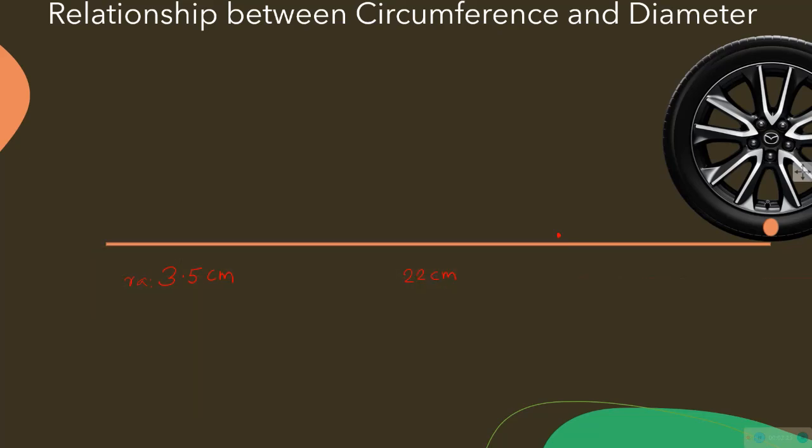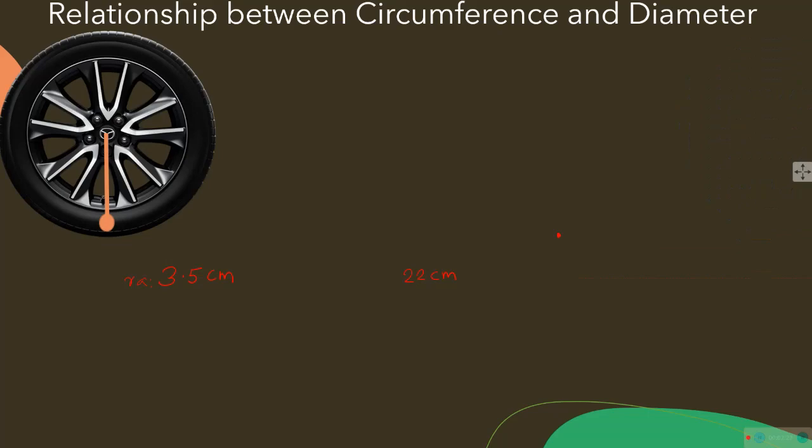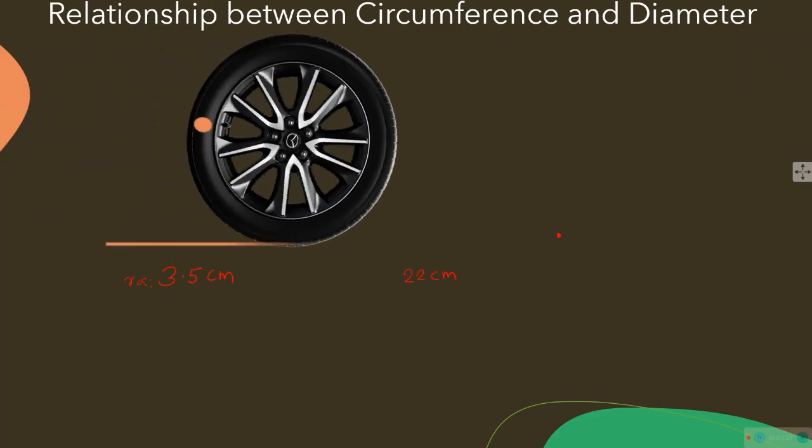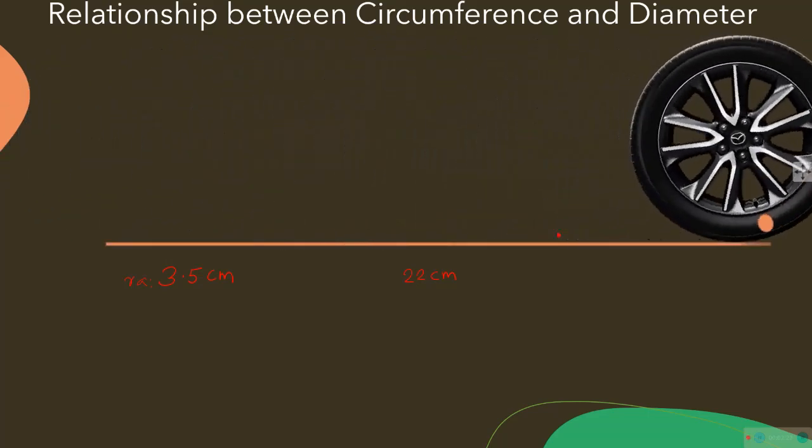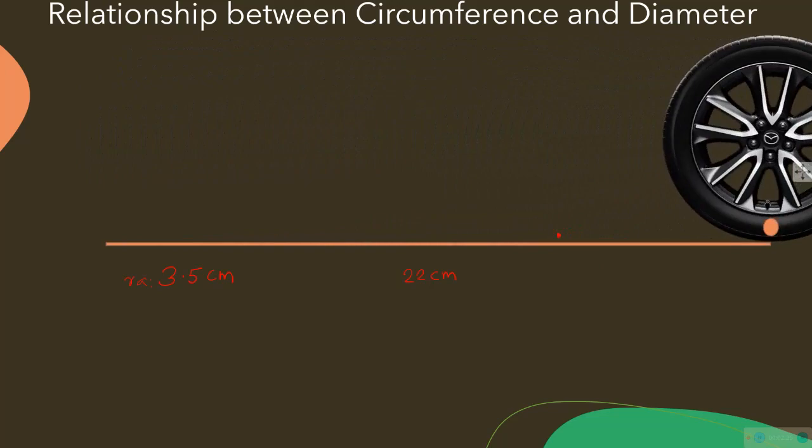What I did is right or not? This was the wheel, and I allowed it to move, completing one spinning. I measured it with a scale and found 15 plus 7, 22 centimeter. So I got a particular measurement.